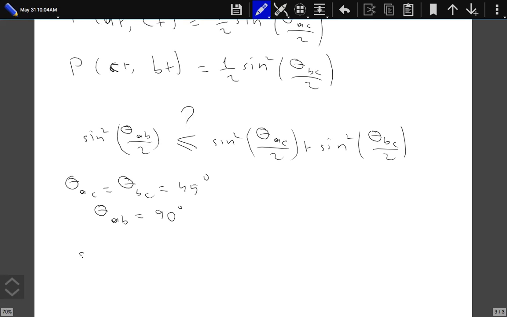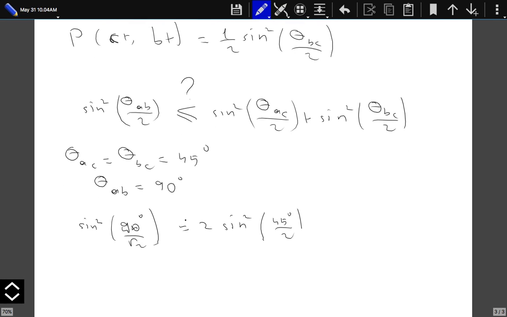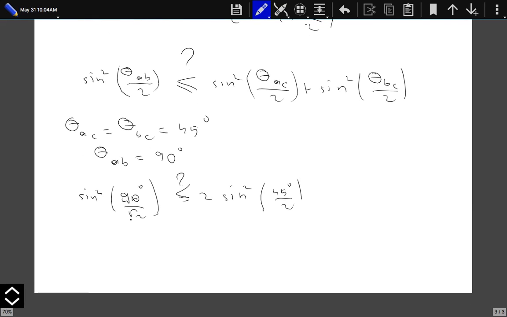Sine squared of 90 degrees over 2 should be equal to twice sine squared of 45 degrees over 2. Sine of 45 is 1 over square root of 2, so its square is 1 over 2.